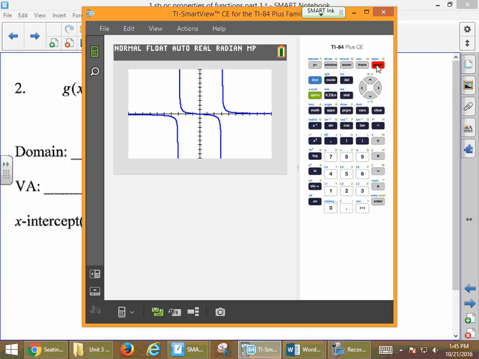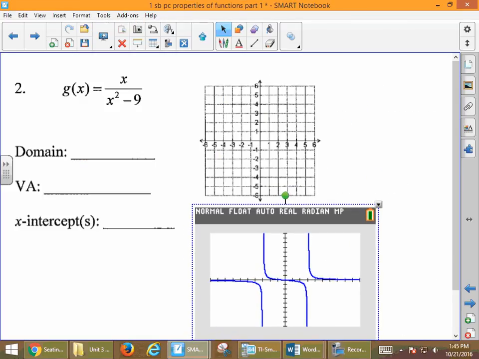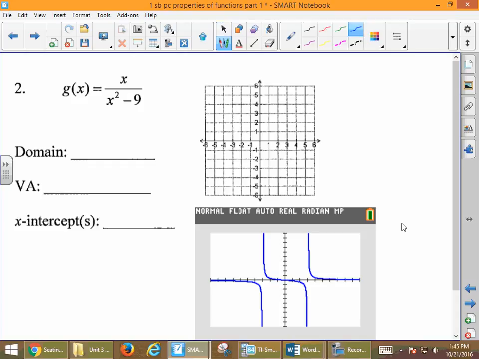And the nice thing with the calculators is we know that we're looking for the gaps, and we can see that there's a couple of gaps in our picture. And along with the equation, that can also be helpful in terms of domain. But as we draw a rough picture, what it looks like here is that we have a gap at 3, and we have a gap at negative 3.